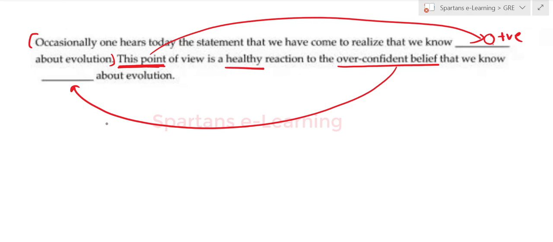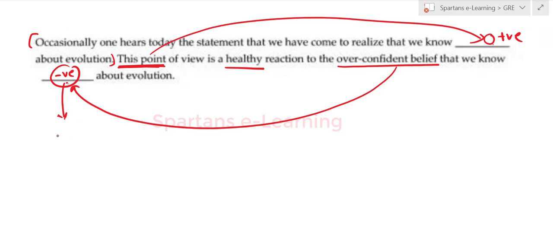Now what is called overconfident? If you feel that you know everything, that means it is overconfident, right? So here you should have something negative, because it is saying that this particular thing is nothing but being overconfident. Now if you go by literal meaning, it will be like negative. You should get some negative word here, but don't go by literal meanings.